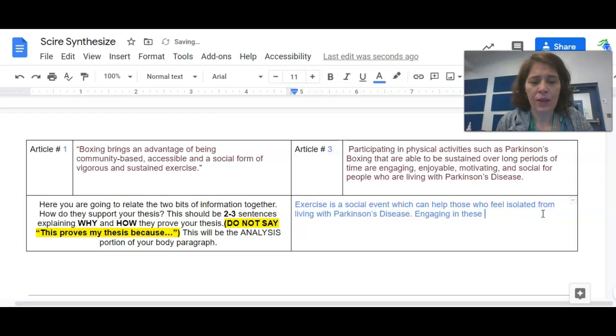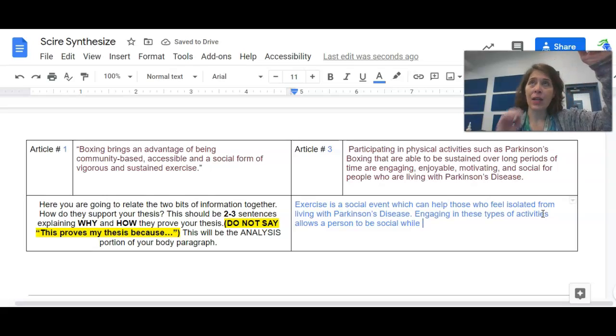Engaging in these types of activities allows a person to be social while, now remember my thesis statement is talking about treating Parkinson's with exercise and medication.